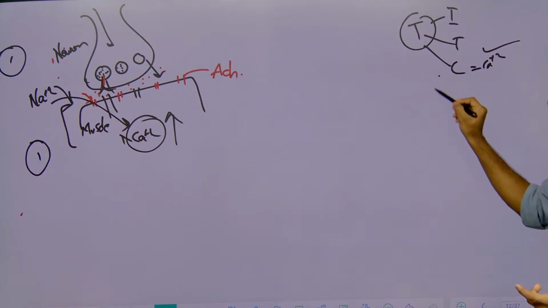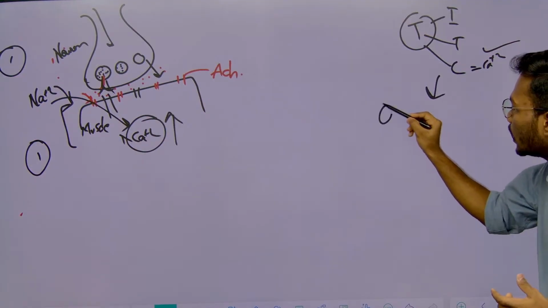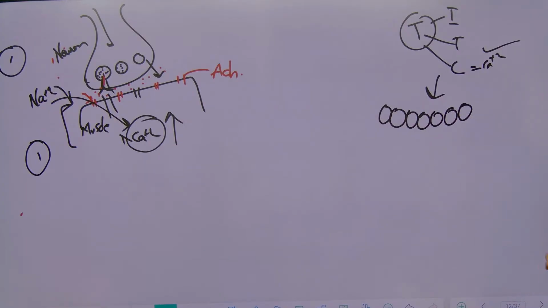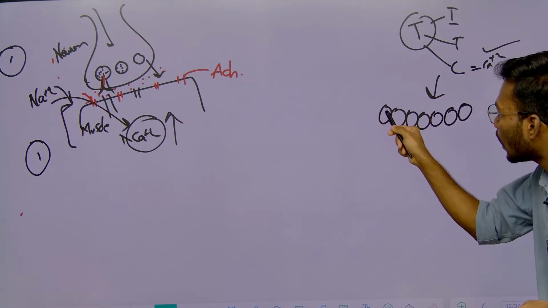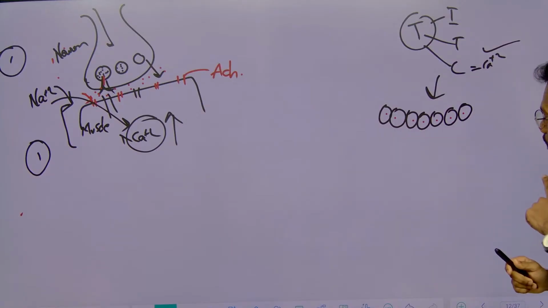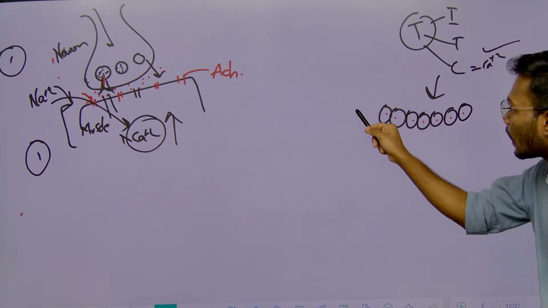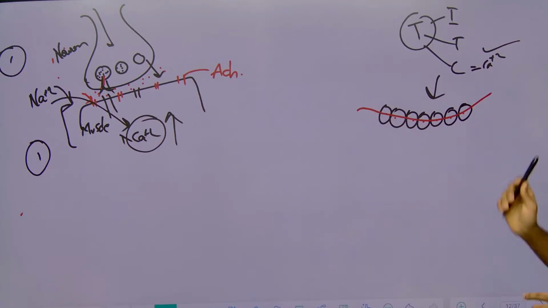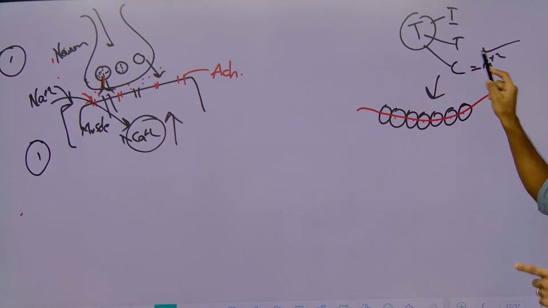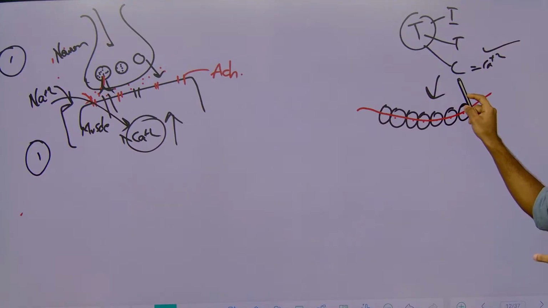Next, we already know these are actin molecules. These actin molecules have active binding sites, and all these active binding sites are covered by tropomyosin. Now whenever the calcium is released and binds to troponin C, next what happens?